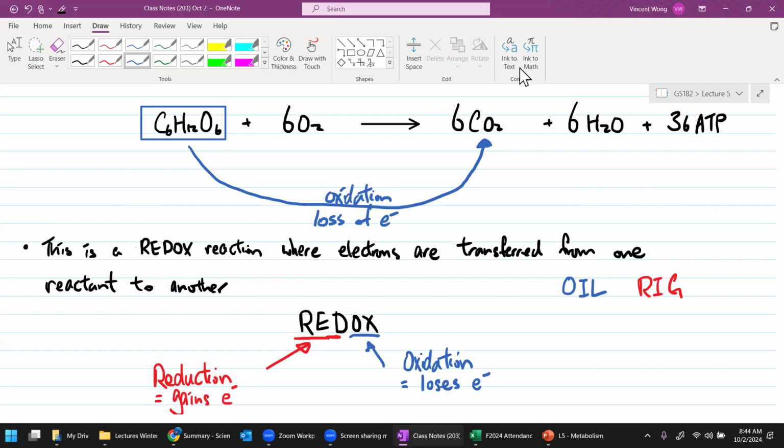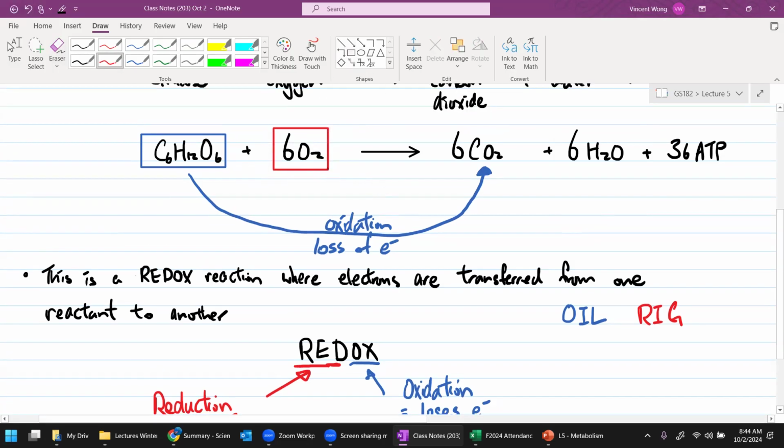And ultimately, those electrons are going to be transferred onto oxygen. So because oxygen will be picking up those electrons, it's going to be a reduction reaction, gain of electron. And in the process of harnessing the electrons from the glucose and transferring it onto oxygen, you release a lot of energy. And we can use that energy to produce up to 36 ATPs.